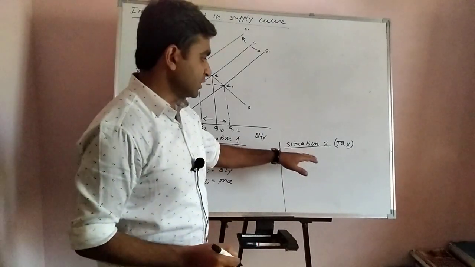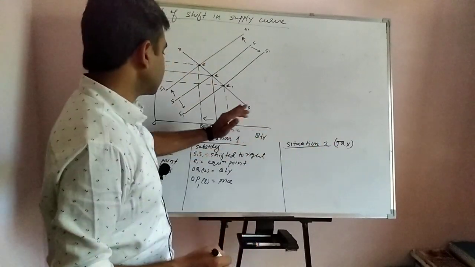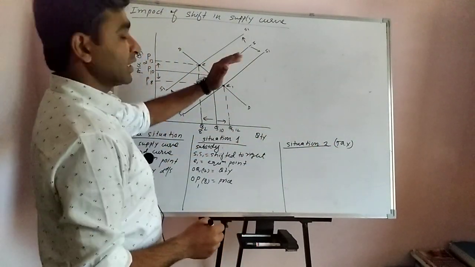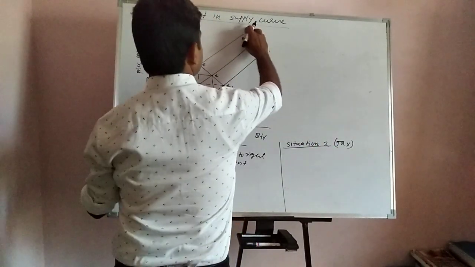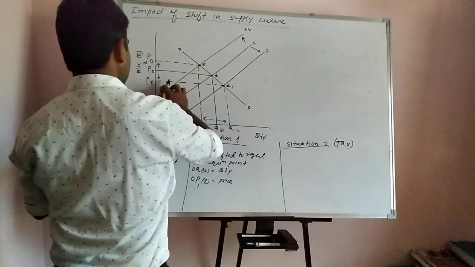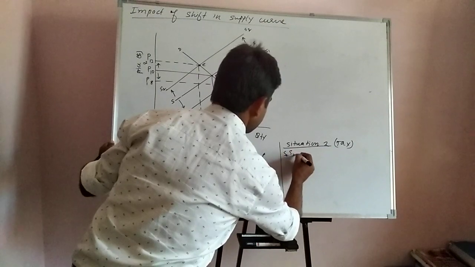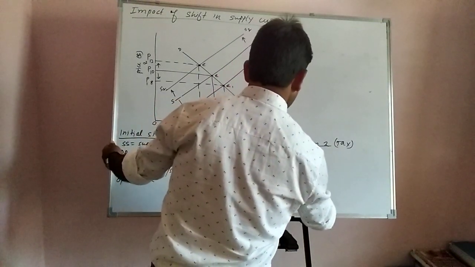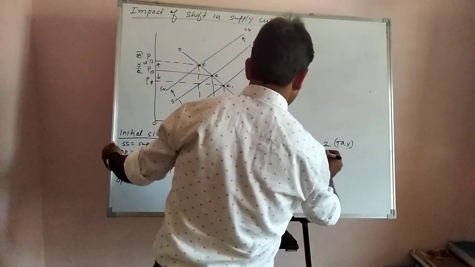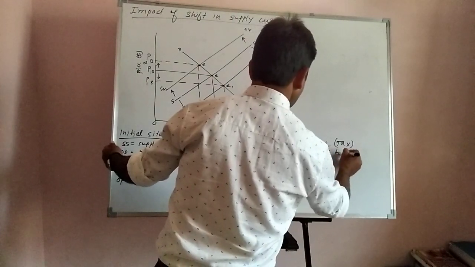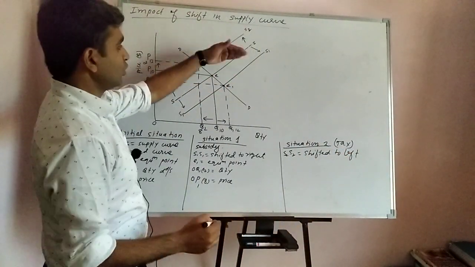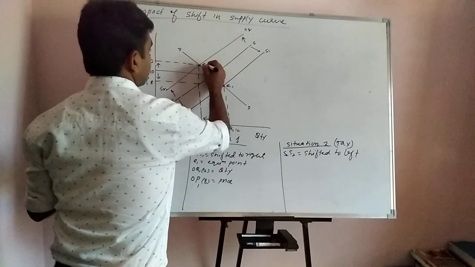So here in situation 2, in case of tax, the supply curve shifted to the left, and we have S2 and S2. So S2 is shifted to the left, and the new equilibrium is E2.